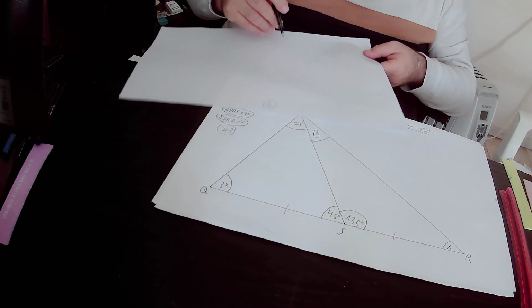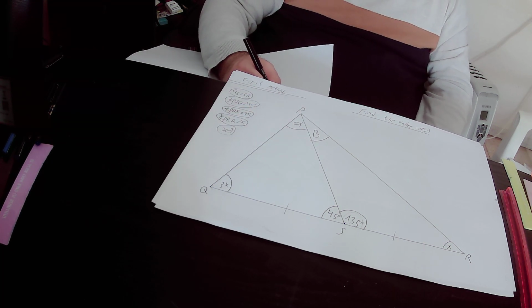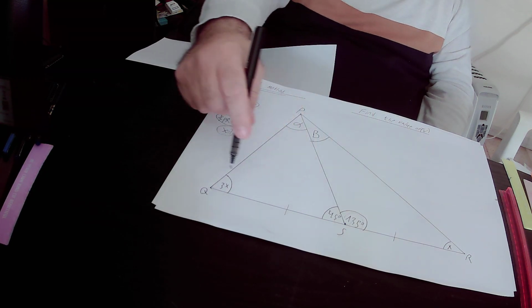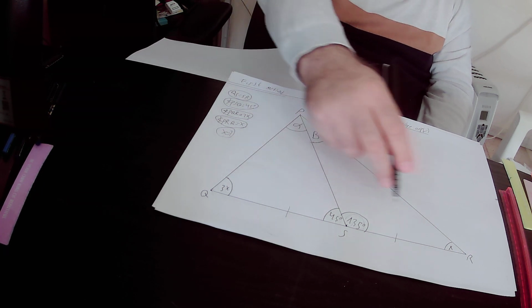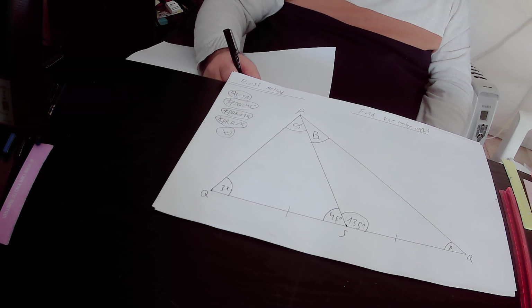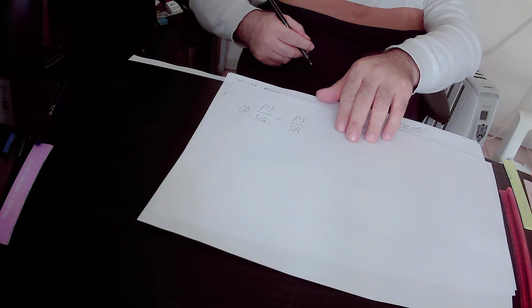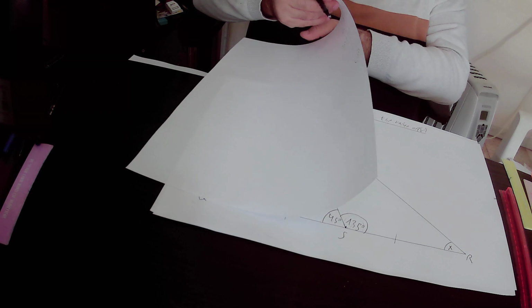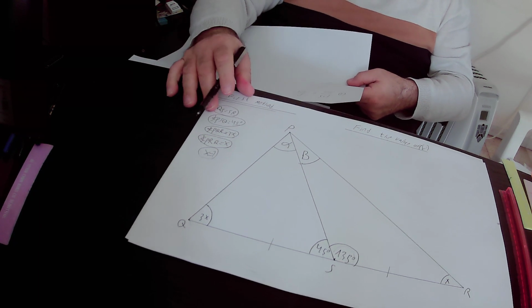If we relate to triangle PQS, we know that PS over SQ equals PS over SR. Again, PS over SQ equals PS over SR, and it is true because of the fact that QS is equal to SR.